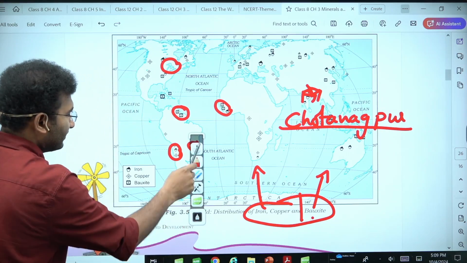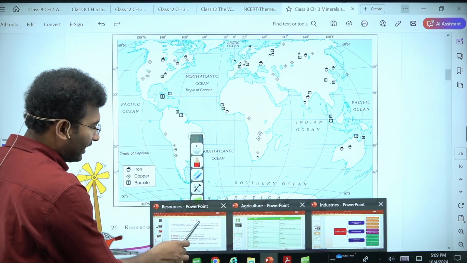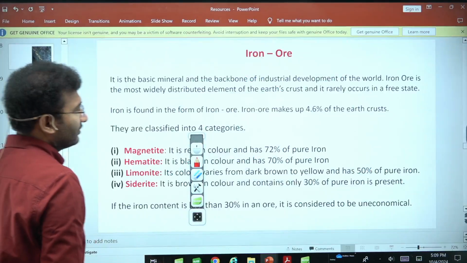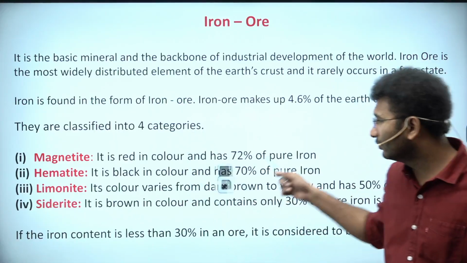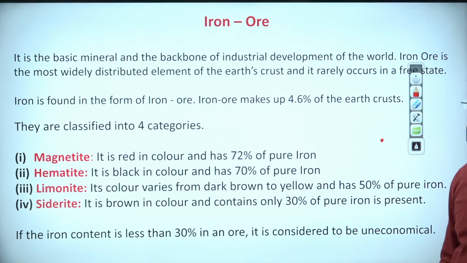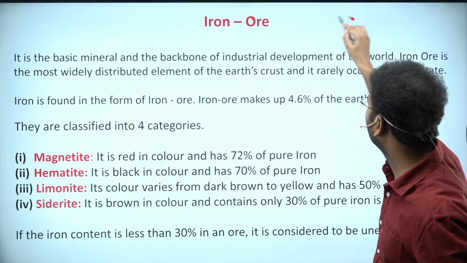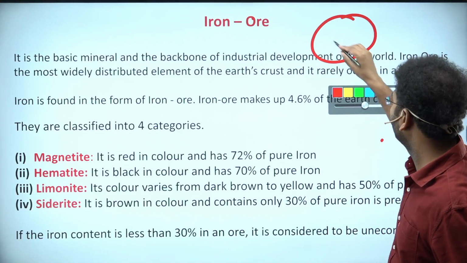So first let's look into minerals such as iron. Now iron ore is present in various forms. What are these various forms? I am talking about ore. Now let's imagine this is an ore. Ore has impurities.